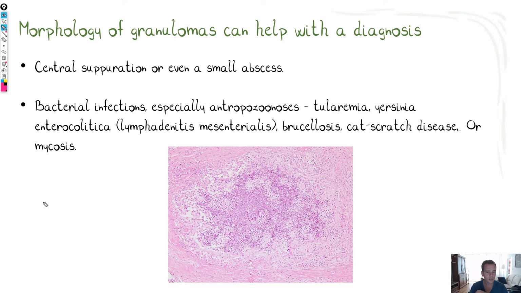If you see this, it's usually a bacterial infection. It can be mycosis, but usually it's a bacterial infection, very often an anthropozoonosis: tularemia, lymphadenitis mesenterialis, which means infection with Yersinia enterocolitica, cat scratch disease, and many others.